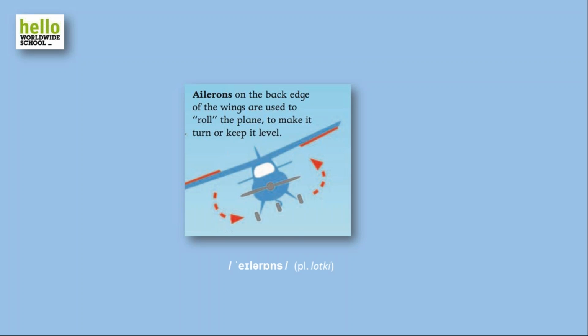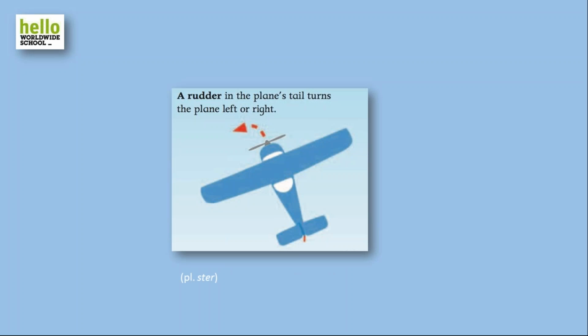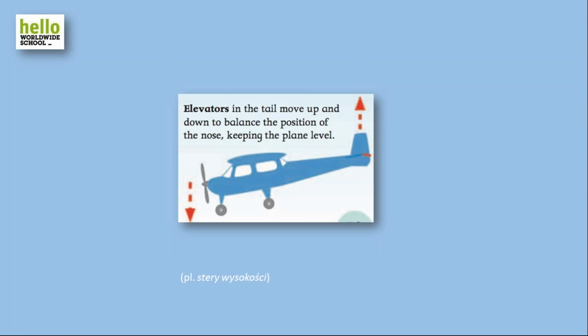So we've got flaps, we've got ailerons. There's also the rudder, which is in the plane's tail, and it turns it left and right. Okay, this makes sense. You can imagine that something similar is in every boat, for example. So that's a rudder. And you also have elevators at the back of the plane, right? And elevators in the tail move up and down to balance the position of the nose.